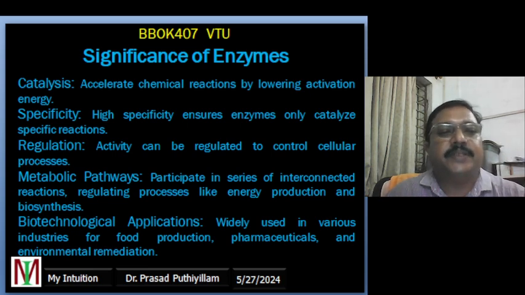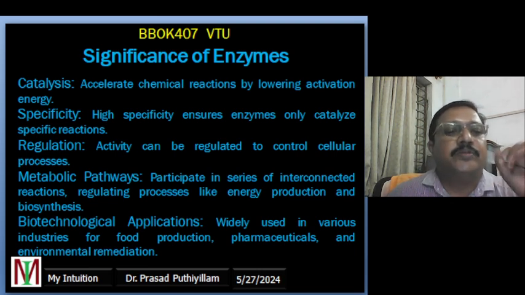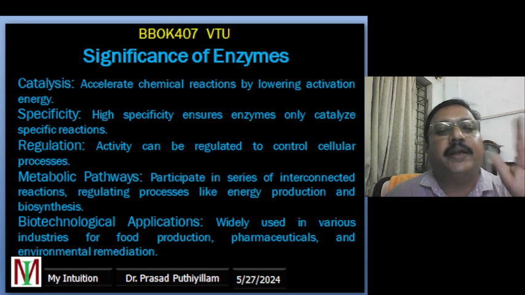Then specificity. Enzymes exhibit a very high specificity for their substrate. The lock and key mechanism that we studied recognizes and binds to a specific molecule based on its shape as well as its chemical property. This specificity ensures that enzymes catalyze only specific reactions, preventing unwanted side reactions and maintaining the required homeostasis in the body.